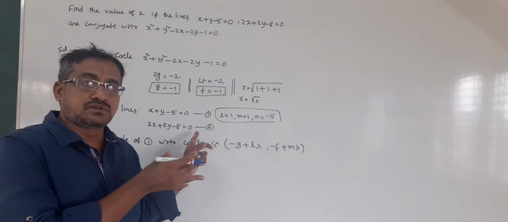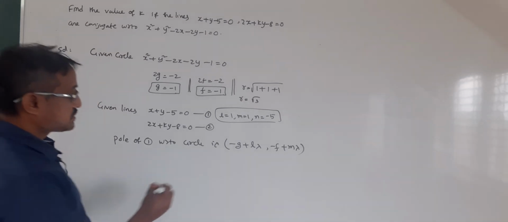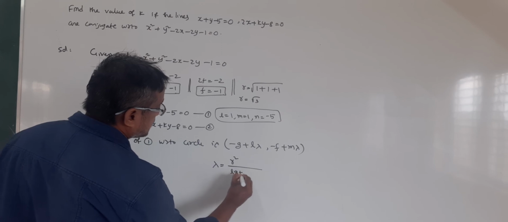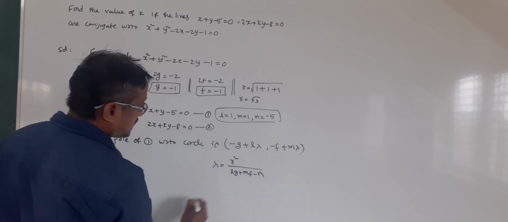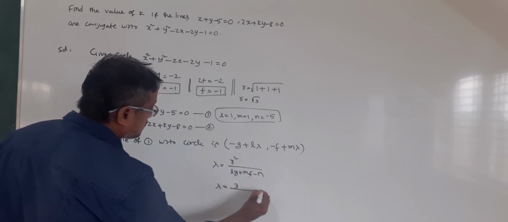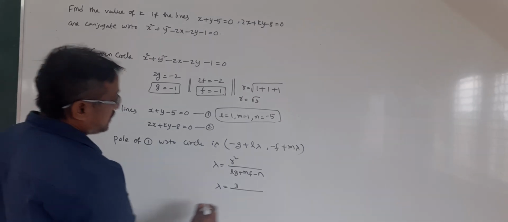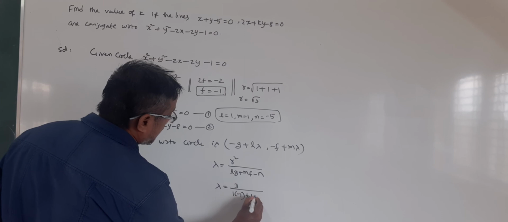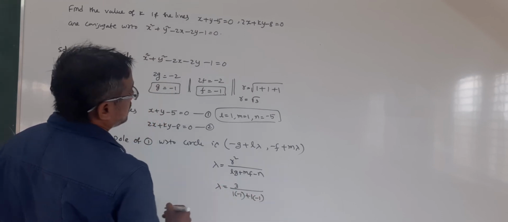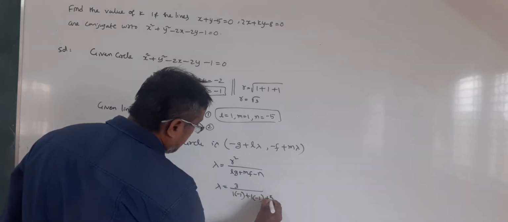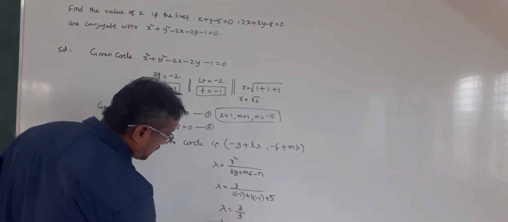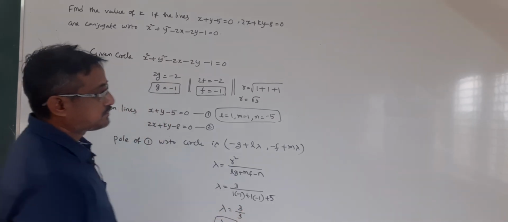Further we substitute in the second line. So here lambda is equal to r square by Lg plus mf minus n. So lambda is equal to 3 by L into g, that is 1 into minus 1 plus 1 into minus 1 minus n. So it will be plus 5. So lambda is equal to 3 by 3. Lambda is equal to 1.